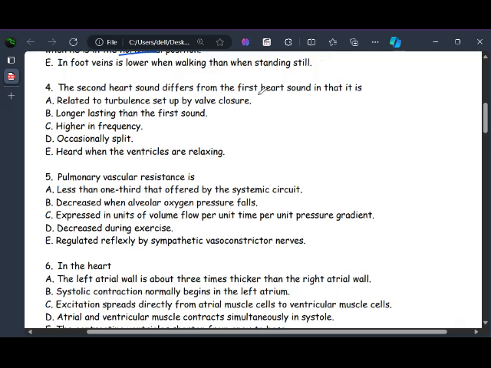So this is not true. The reason is not that it's not related to valve closure, but that both of them are related to valve closure. The first one is related to closure of the atrioventricular valves, and the second heart sound is related to closure of the semi-lunar valves. So that is not the difference between the second and the first.